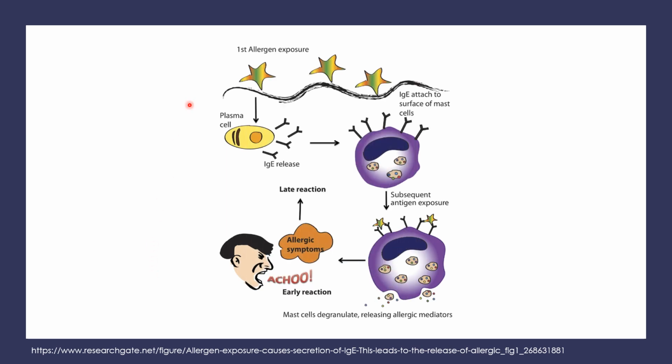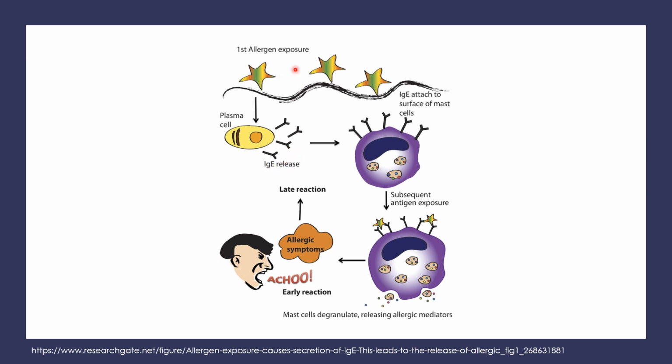Here is another diagram showing the important steps as well as the major cells involved in the process of the allergic reaction. We have the first allergen exposure. This allergen will trigger the plasma cells to release IgE.